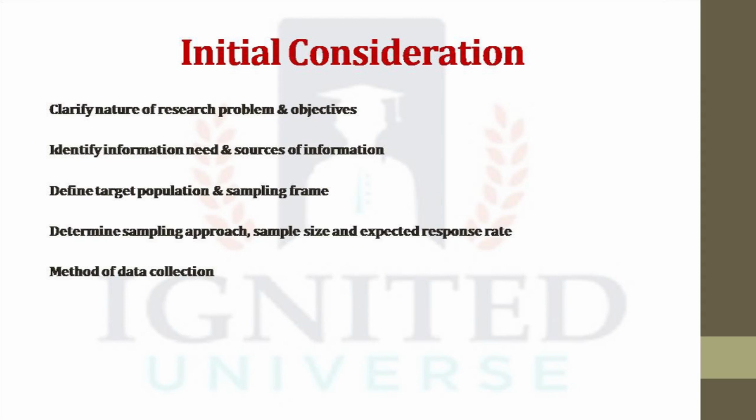Then it is also vital to have a clear idea of the target participants. The characteristics of the participant group have a great influence on the questionnaire design. So, by the end of step 1, that is initial consideration, one should be able to convert the research objective into information areas. For example, suppose a research question aims at studying the nature of jute bag usage among people in a particular city.